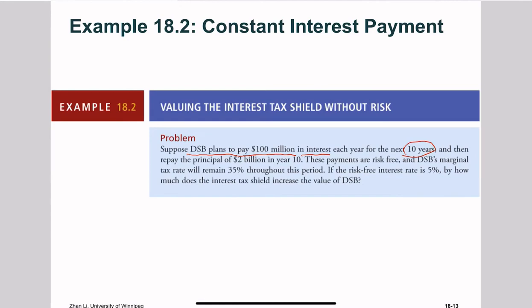These payments are risk-free, and its marginal tax rate would remain 35%. If the risk-free interest rate is 5%, by how much does the interest tax shield increase the value of DSB?